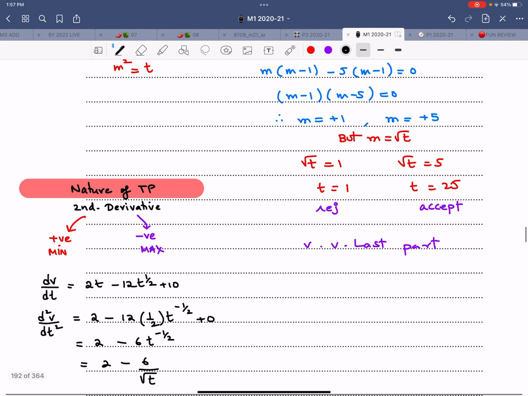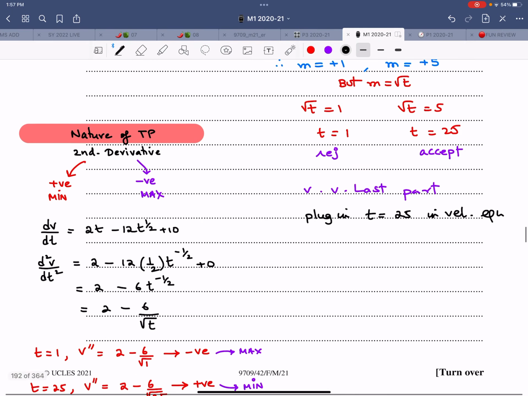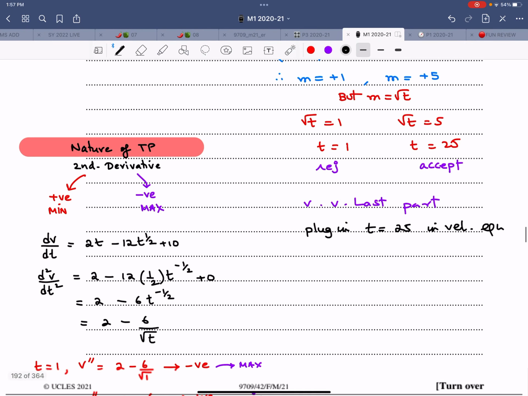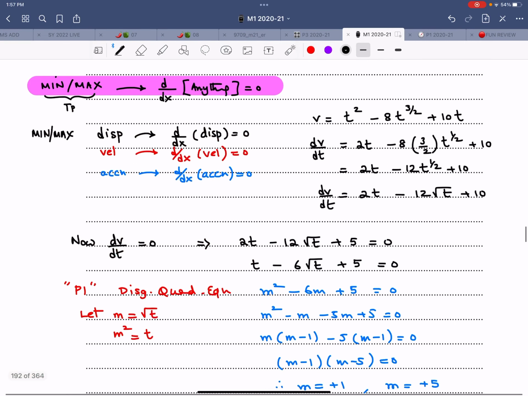So therefore, plug in t equals 25 in the velocity equation. The velocity equation is the original one: t squared minus 8t raised to the power of 3 over 2 plus 10t. Is this the one? Yeah.